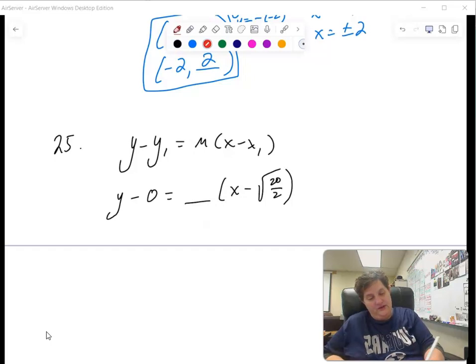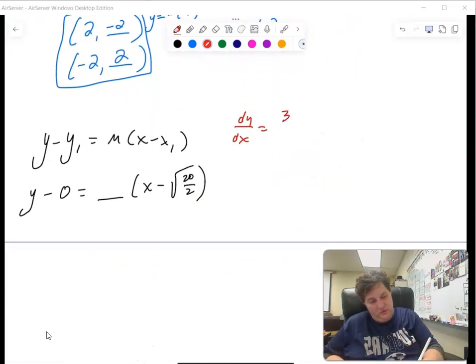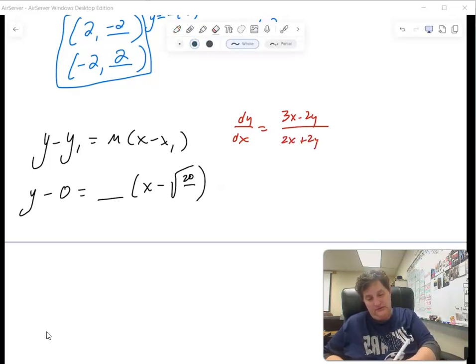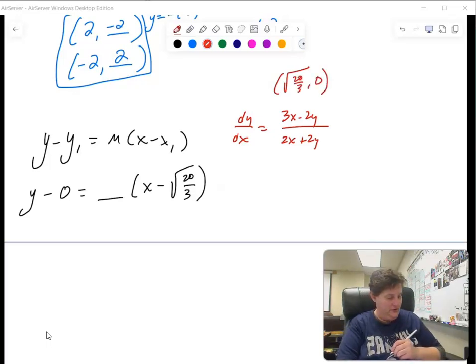Okay, now my derivative, when I found that, was (3x minus 2y) over (2x plus 2y). Okay, and I'm going to plug in the point, the point square root 20 over 3, comma 0.